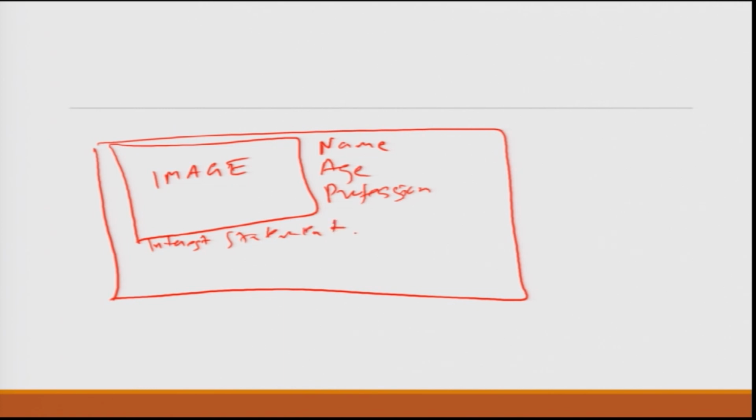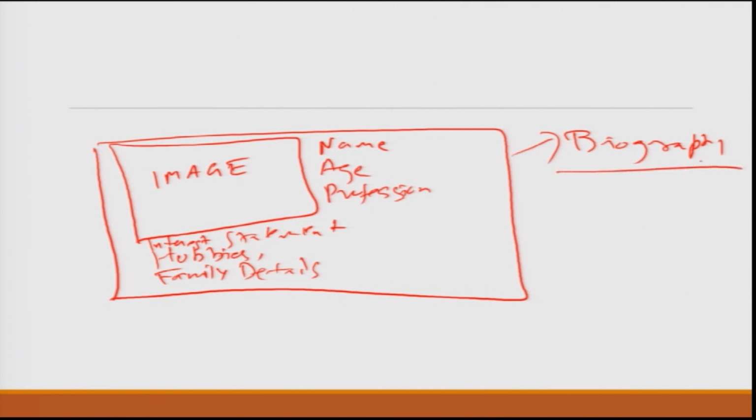There is often a list of his hobbies, family details. So in a way, kind of an entire biography of a person: who he is, what he is like, and there can be multiple. So this is one poster, and for the same person there can be n posters.